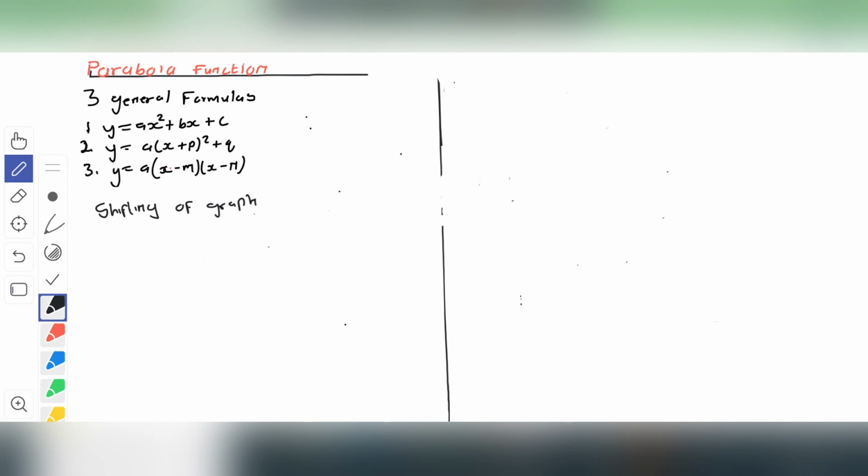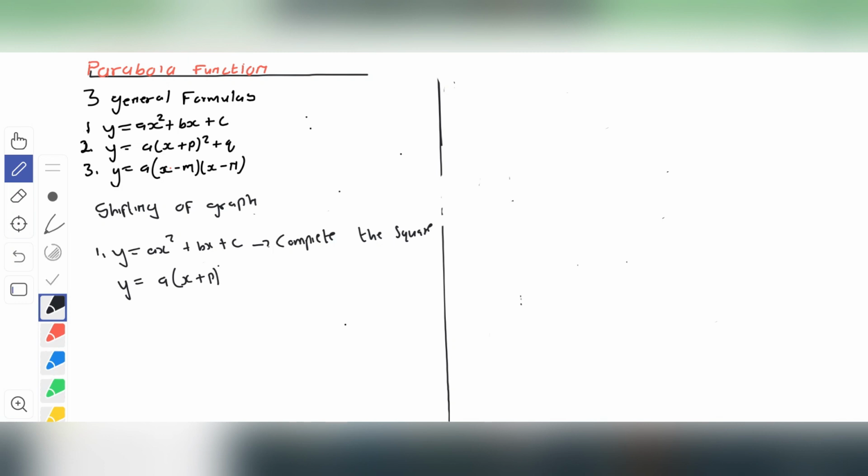Remember from the turning point, whenever we're given an equation like this, y equals ax squared plus bx plus c, when we talk about the shifting of the graph, please complete the square so that your general equation is in this format.